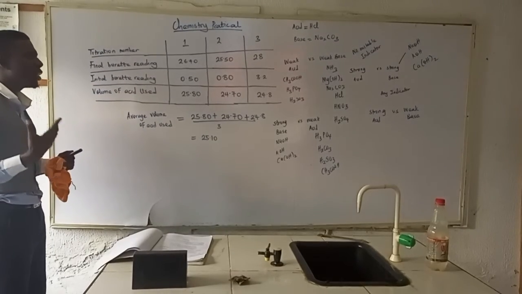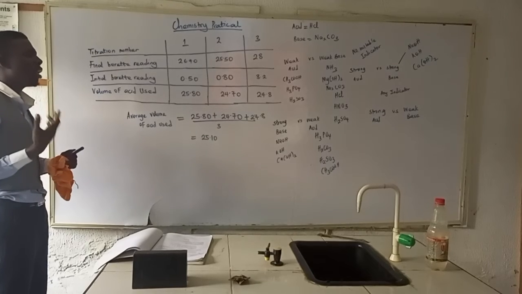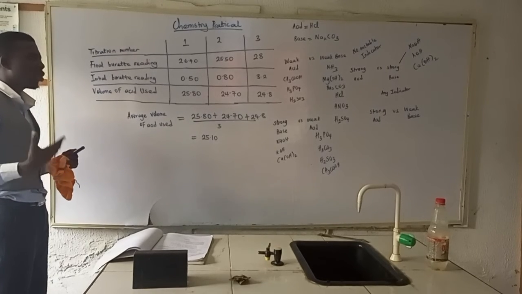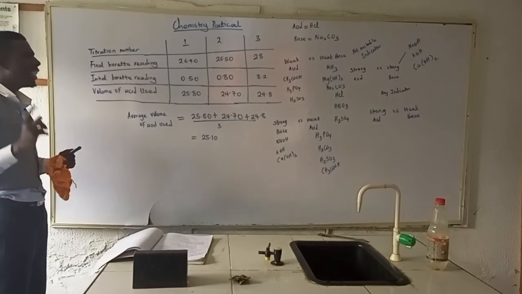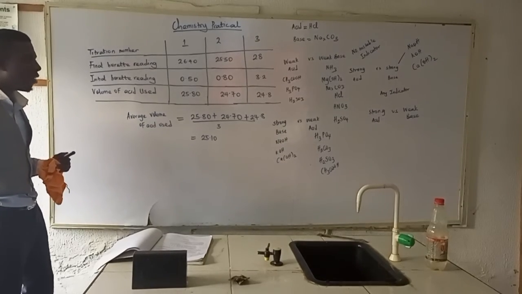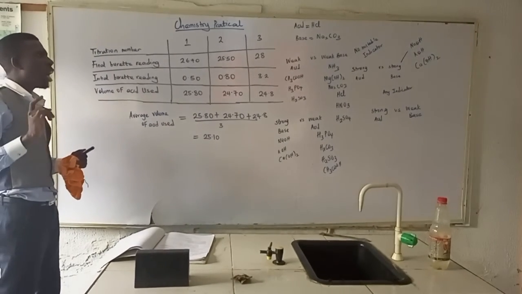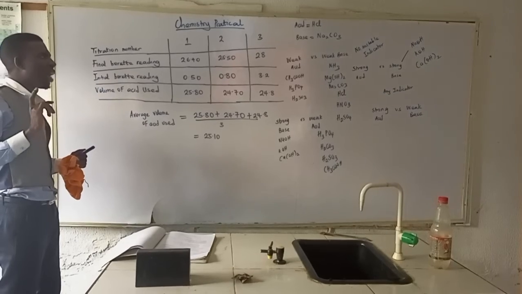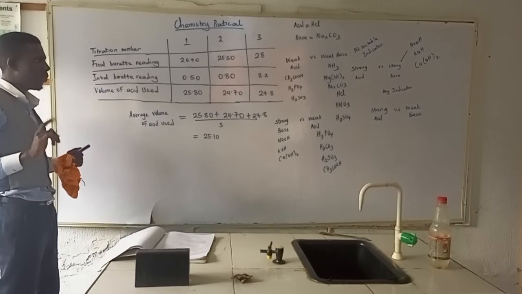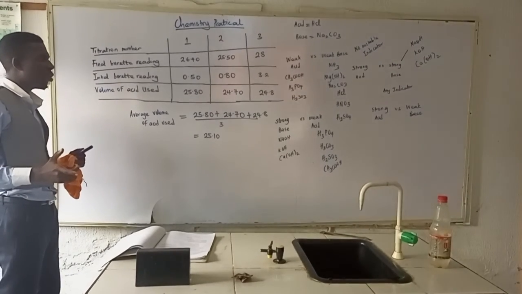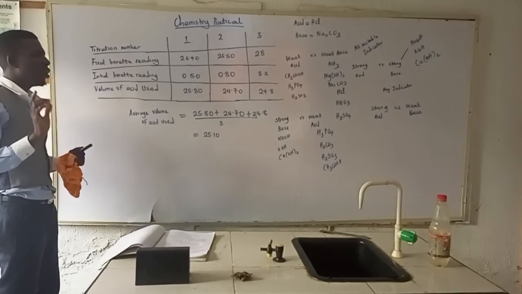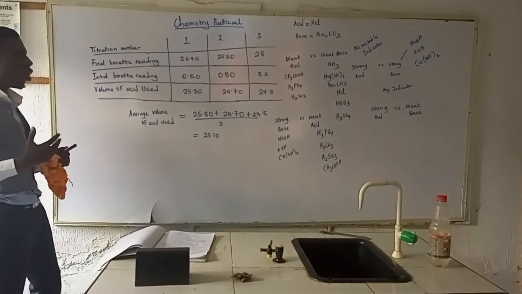That's why we are repeating the experiment in order for us to get consistent readings. Anytime you are calculating your titre value, remember that you are only going to make use of values that are consistent, and when is a value said to be consistent? When the difference between them is less than or equal to 0.20.